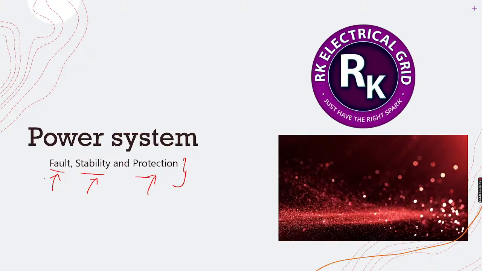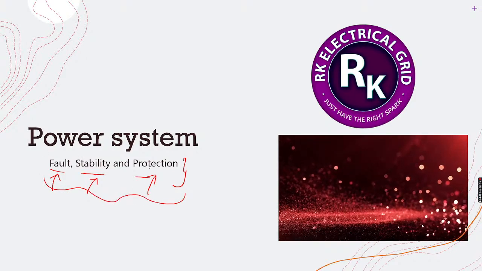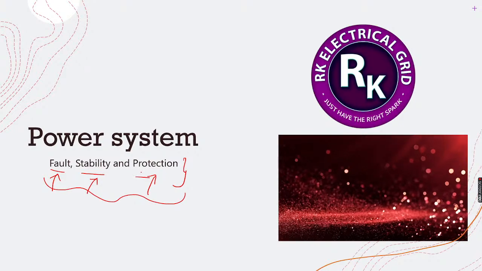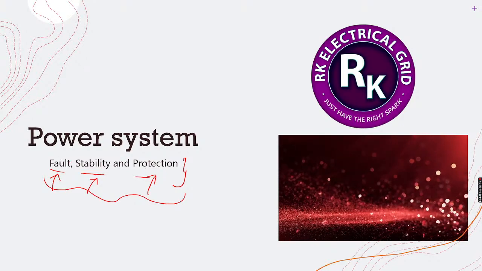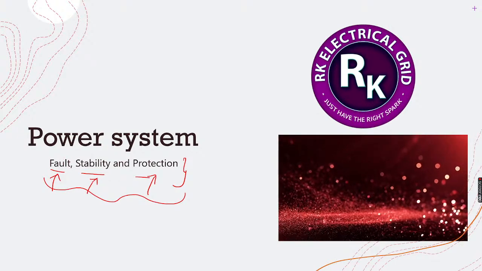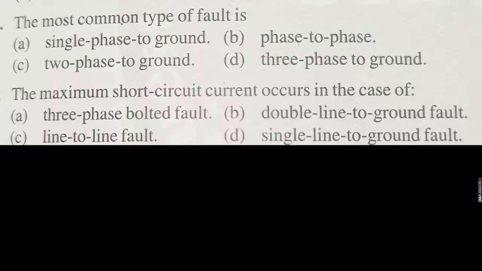But some problems will be mingled with all these concepts. That's why I have chosen all these concepts together, because I cannot separately collect the questions. When I'm talking about fault, immediately I need to talk about protection and stability. They all are mingled together, right? So let us go ahead with the first question.